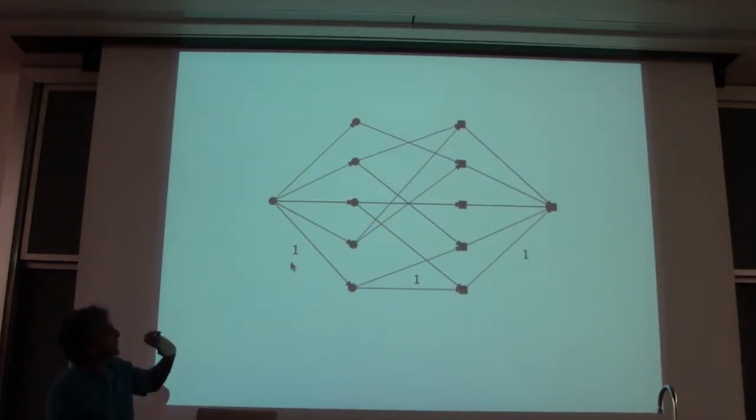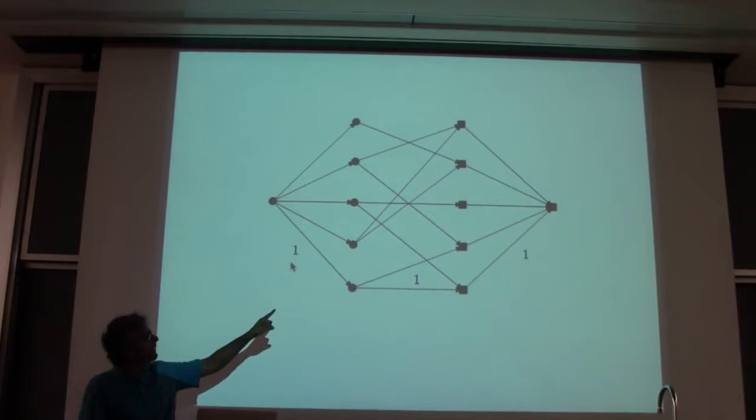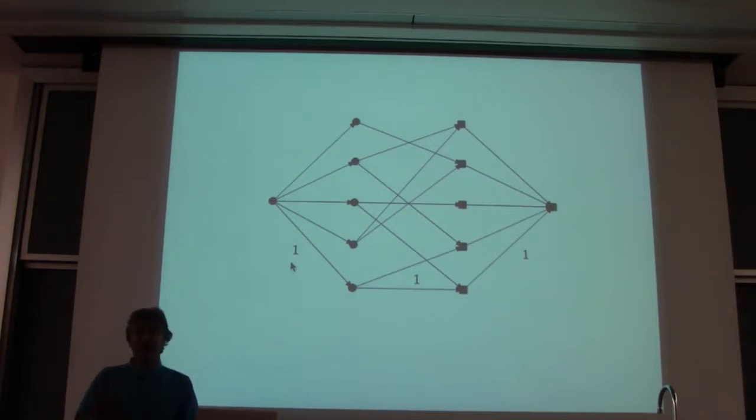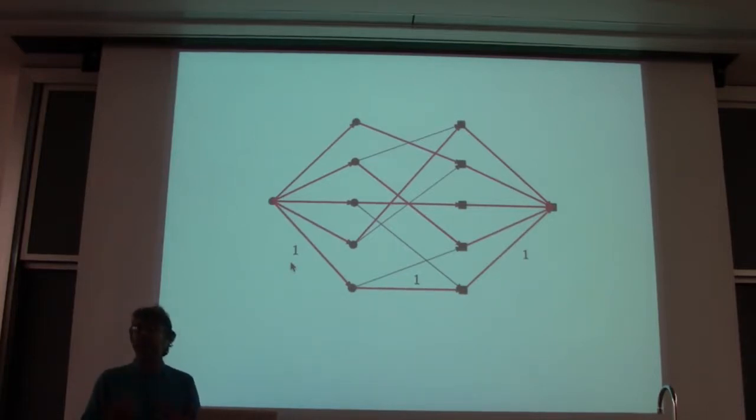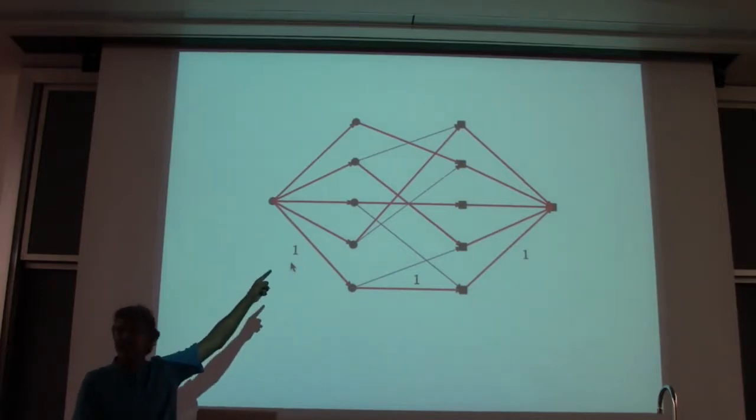So the argument here is the following. If every edge coming in and going out of a node has capacity 1, and we know that when we push the flow, we're going to get an integer flow, what is effectively going to happen is that when we push this flow through the graph, the algorithm is going to be forced to pick one of the outgoing edges of a vertex in order to send any flow on that it gets.